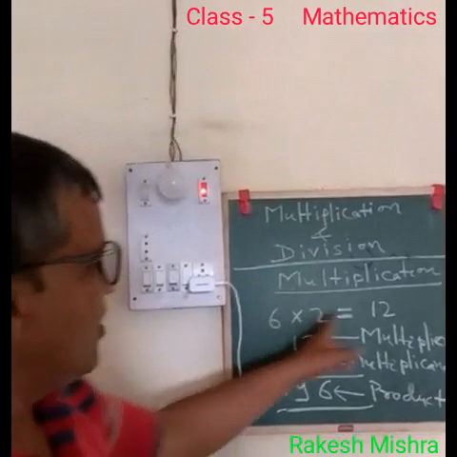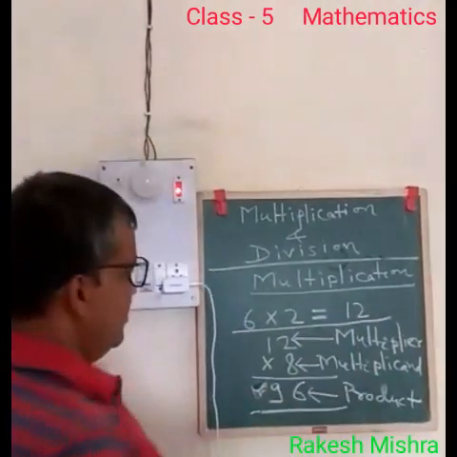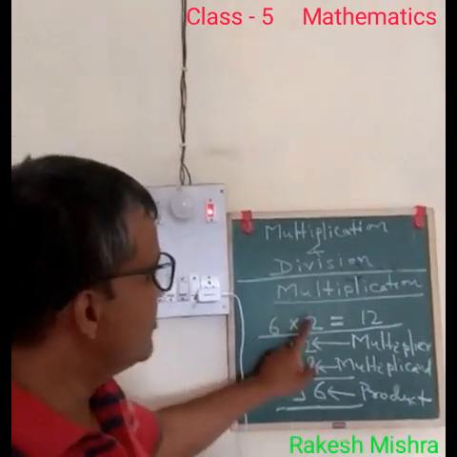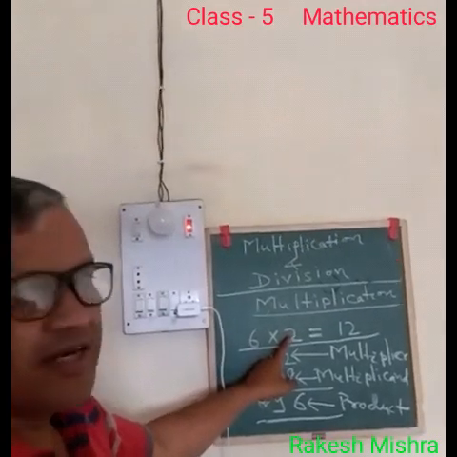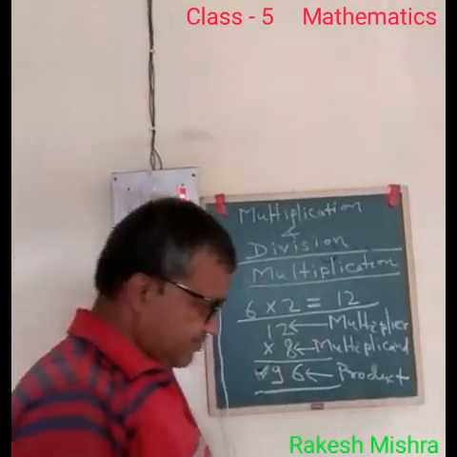Similarly, in this multiplication you see, this 6 is called multiplier, this 2 is called multiplicand, and this 12 is called product.